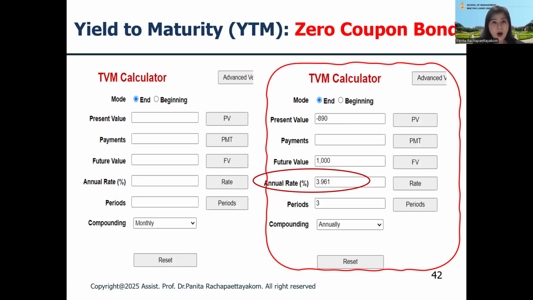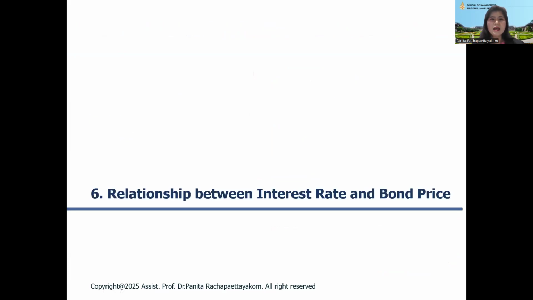You then click rate, and the financial calculator will give you the yield to maturity of this zero coupon debt, which is 3.96%.